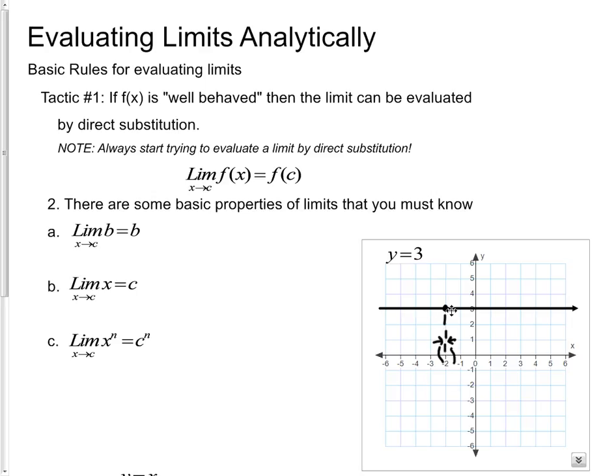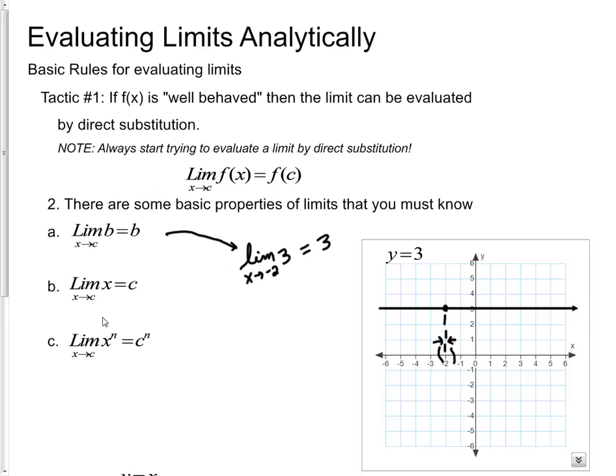Well, since the y value is 3 for every single value of x, then we say that limit must be 3. And so as an illustration of our first rule, we say that the limit as x approaches negative 2, in this particular example, of the function 3 will just be 3. All right, not too bad.